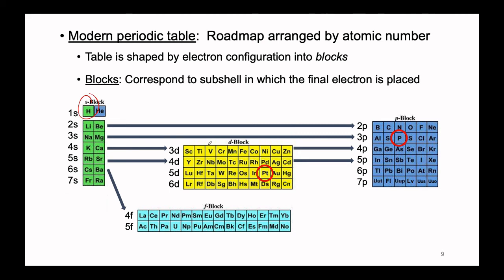So instead of starting at the very beginning, we are going to backtrace our way to the most recent, the closest nearby noble gas. So in this case, if we start at platinum, work our way back through the 5D, through the 4F, through the 6S, and then back up the next line, reading backwards from right to left, and then from bottom up, the closest noble gas that we found is xenon.